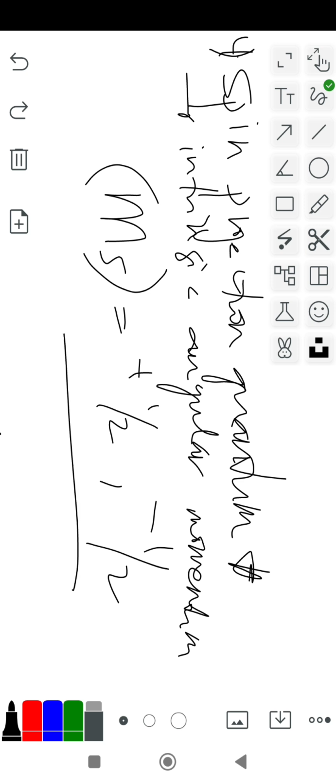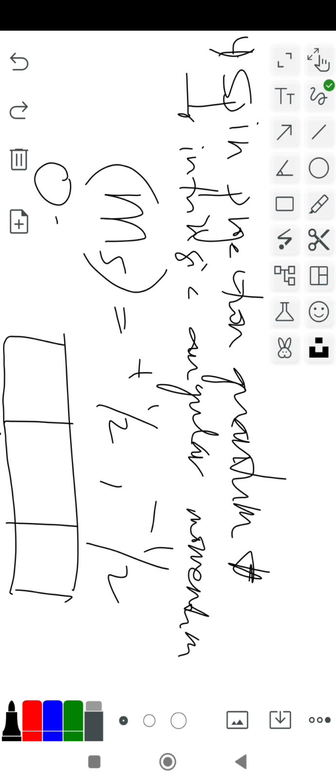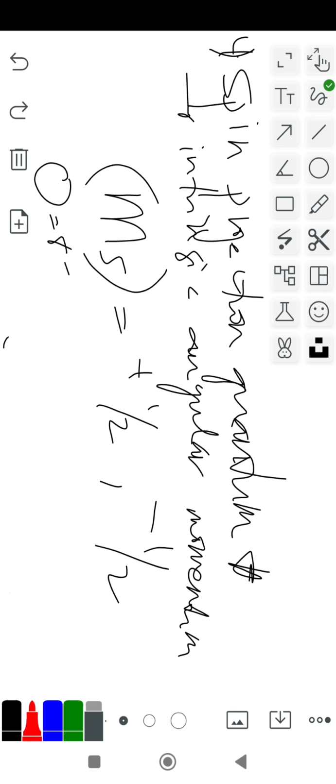Or simply, if you were to write, let's have oxygen. Oxygen has 8 electrons. So the electronic configuration of oxygen is 1s2, 2s2, and 2p4.